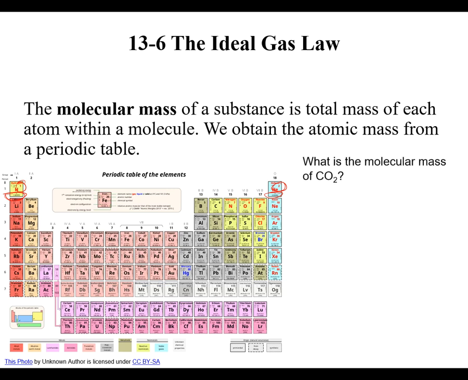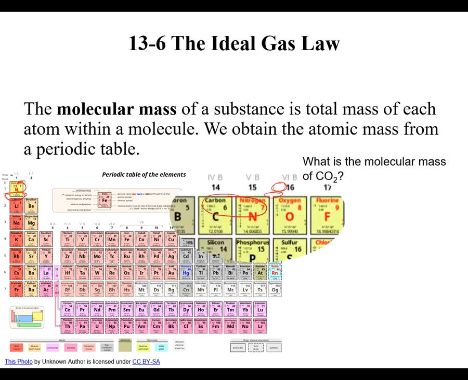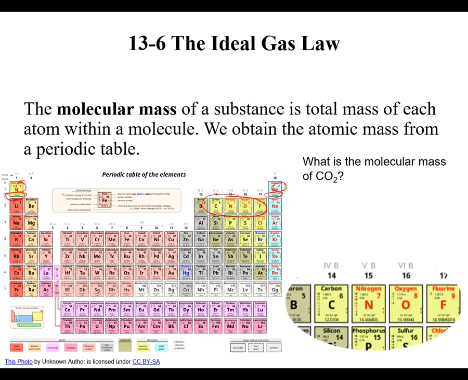So for example, what's the molecular mass of carbon dioxide? Well, carbon and oxygen are right here, so we're going to zoom in on that. If you look, carbon has a mass of 12.0106. But we also need to add in the oxygen, which is down here at 15.9994.